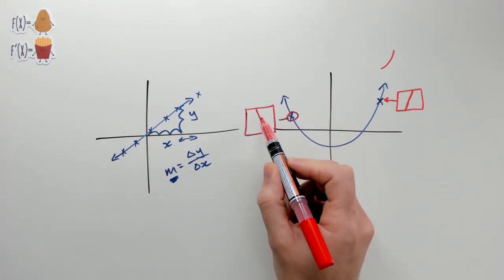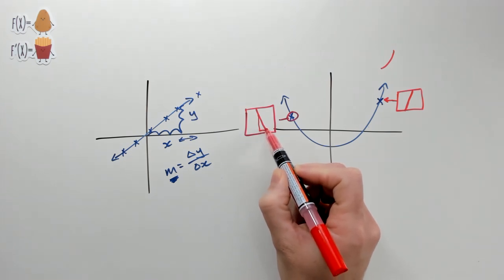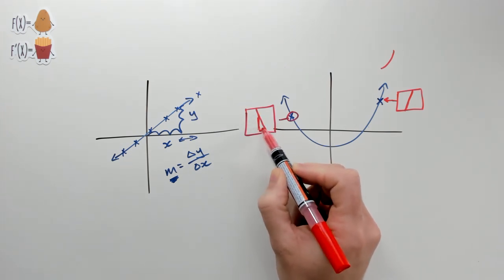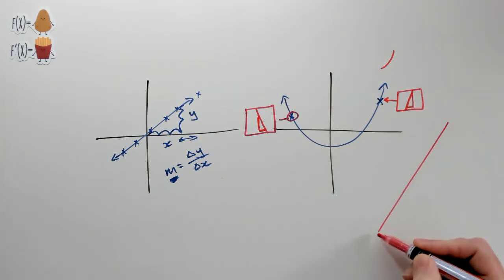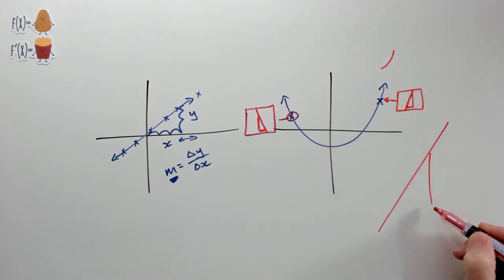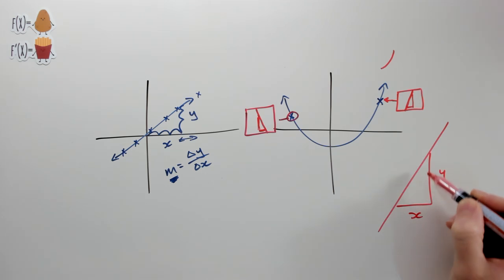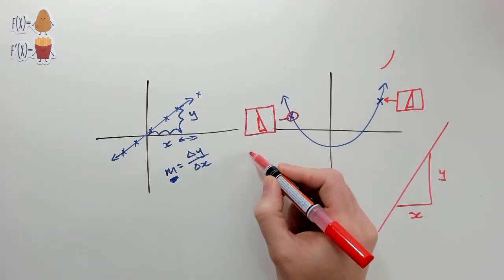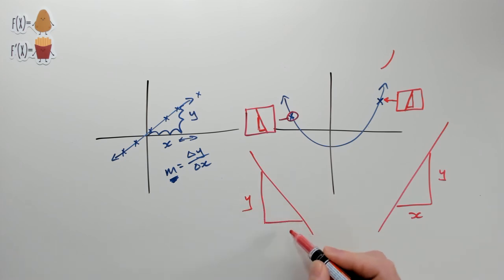So we can find the rate of change of this straight line by looking at how much y is changing when x is changing, doing a little triangle there. I can measure this distance in y and that distance in x for this line, and I can see the same thing for this line.